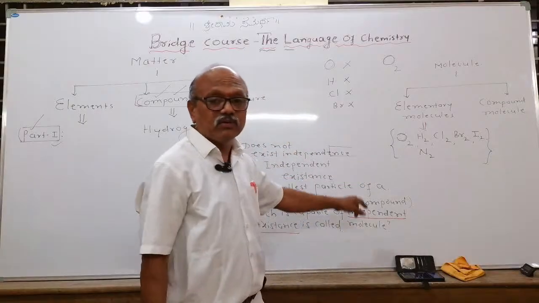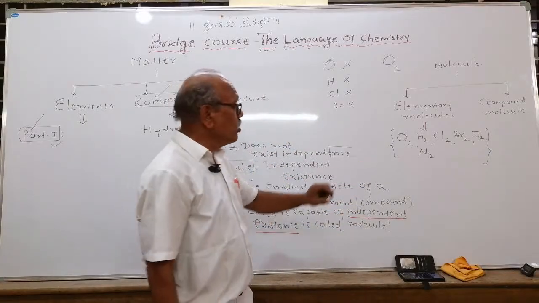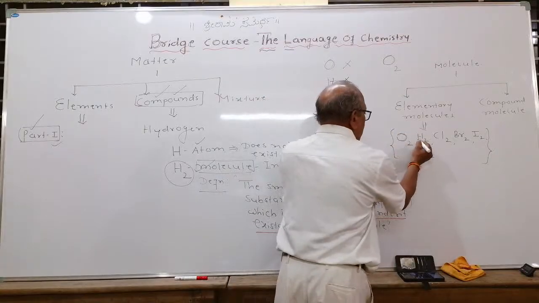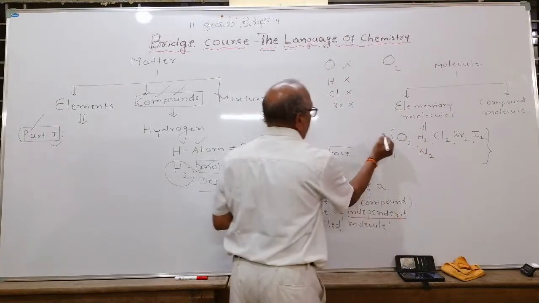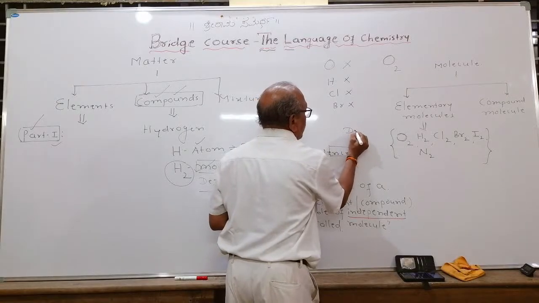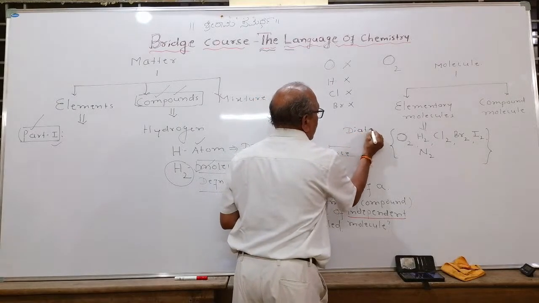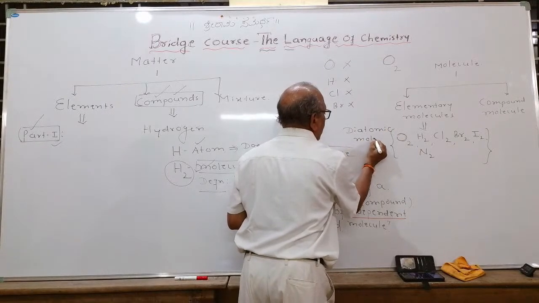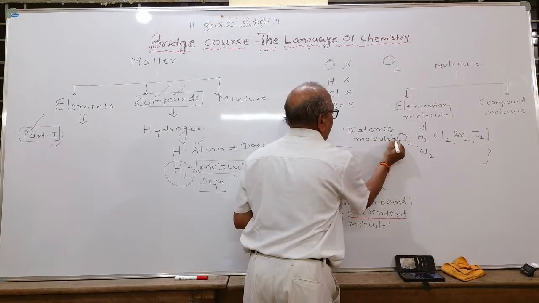These elementary molecules are classified depending upon how many atoms combine. As the two atoms of oxygen combine to form a molecule, all of them are called as diatomic molecules. These are elementary molecules. They are diatomic molecules.